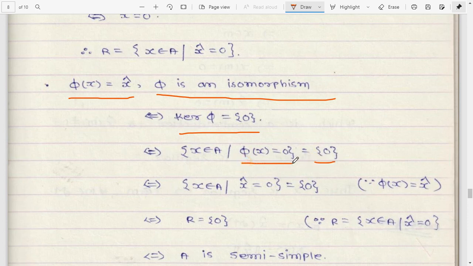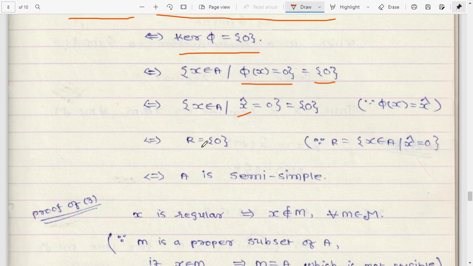Phi of x is x cap equal to 0, and this is if and only if R is equal to 0, because R is the set of x belongs to A such that x cap is equal to 0, and this is the definition of semi-simple. So this is if and only if A is semi-simple. This completes the proof of property 2.